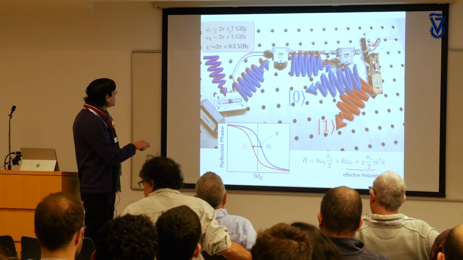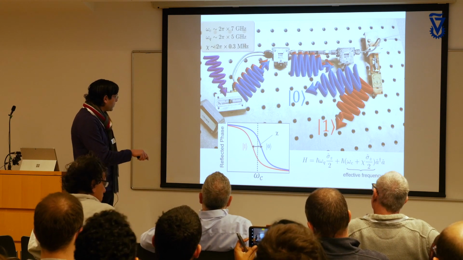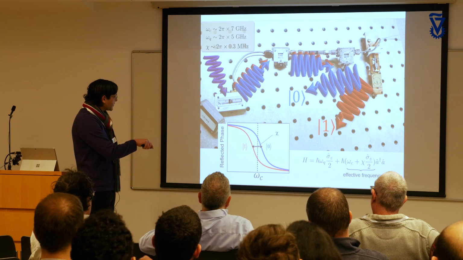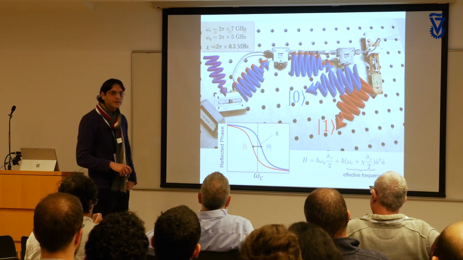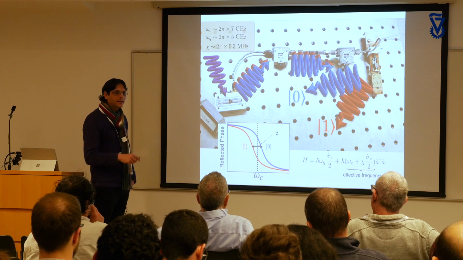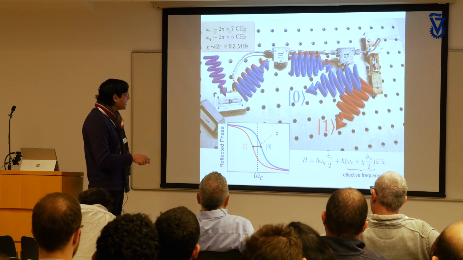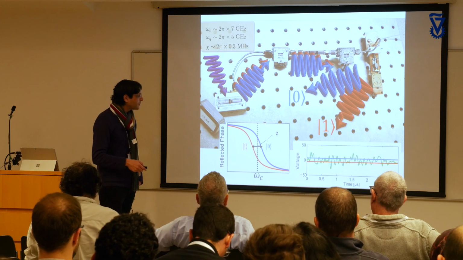And what we do is we inject a sine wave, a coherent tone, right at the resonance frequency of the harmonic oscillator, and we measure the reflected signal. According to the reflection, we know if our qubit is in the ground or the excited state.